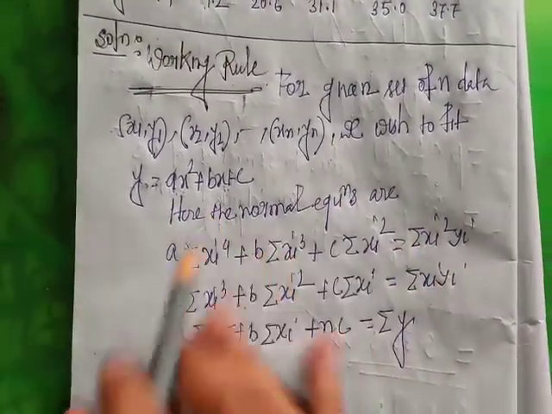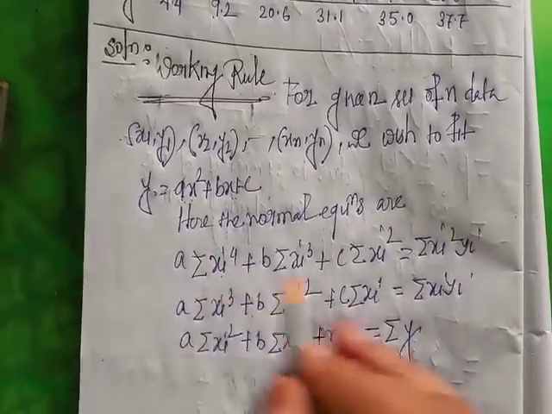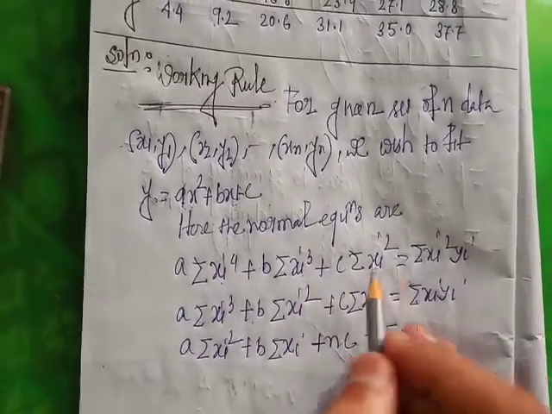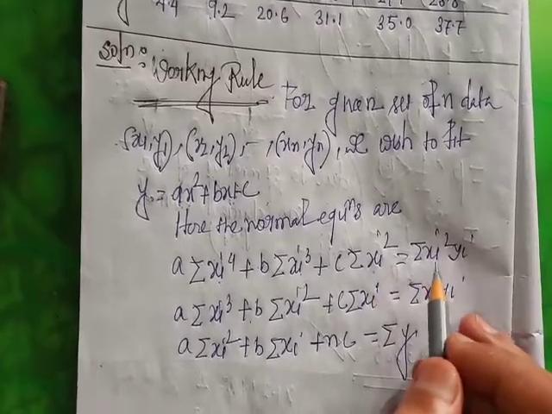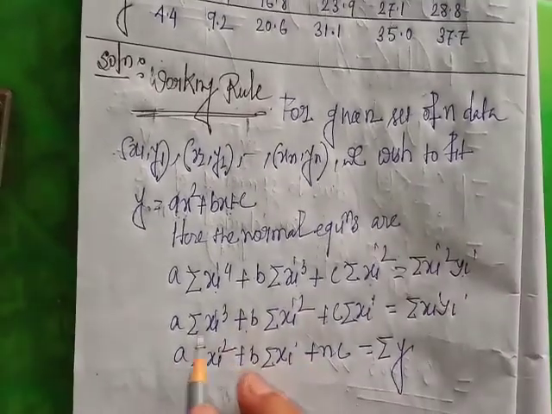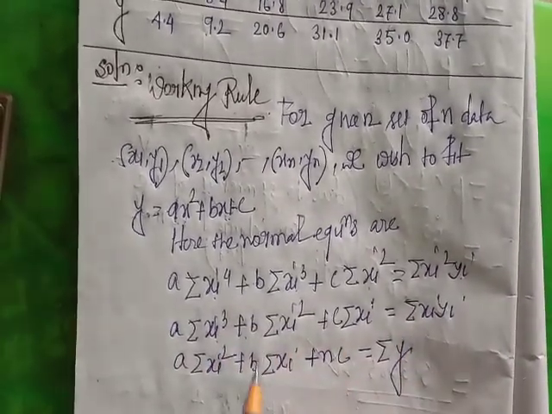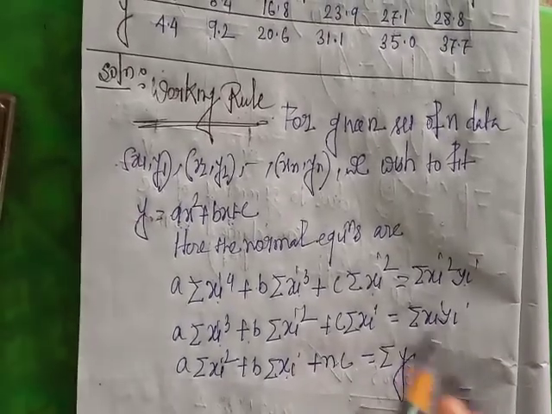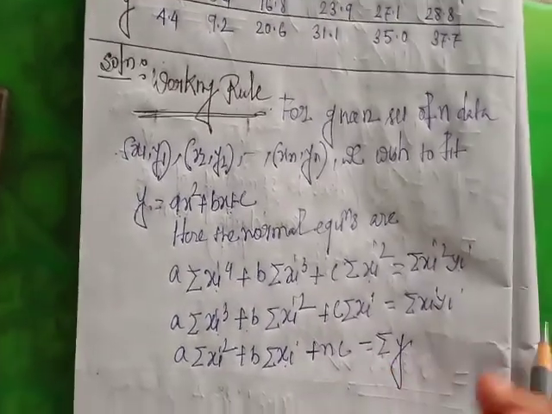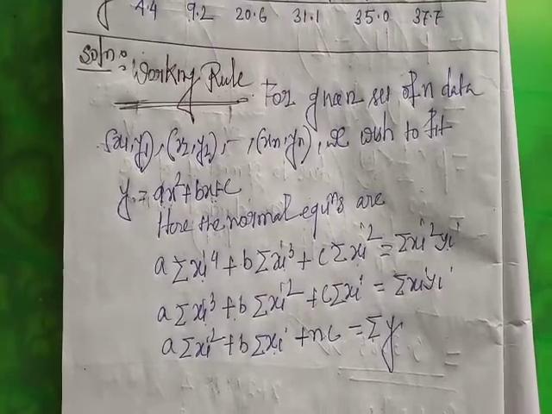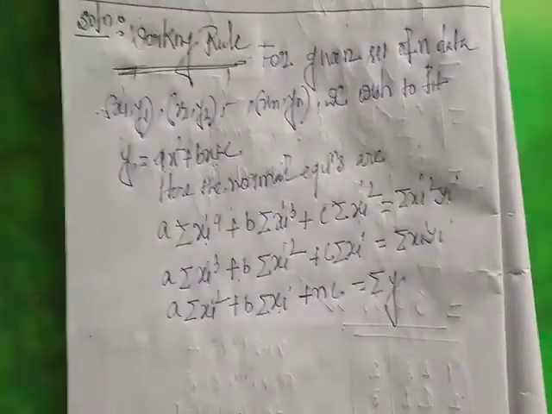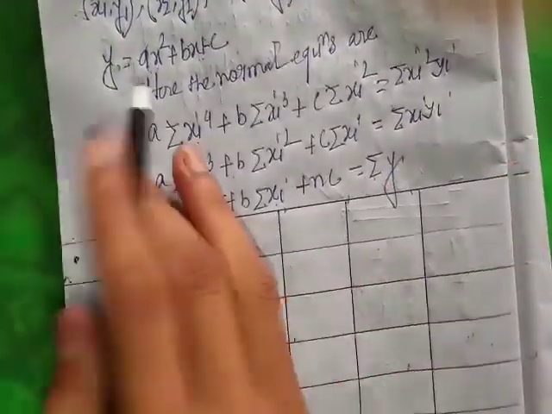So first we will find summation xi to the power 4, summation xi cube, summation xi square yi, summation xi, summation yi. Now we will draw a table.